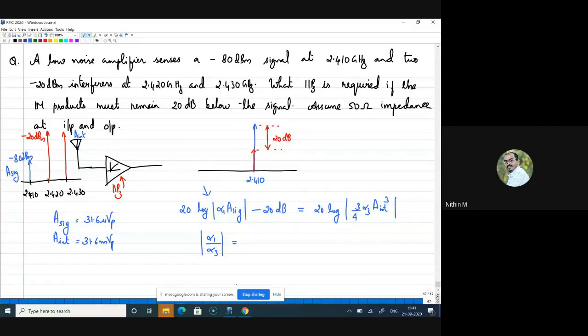Can I get the value? Or after getting that, you can just substitute in this equation, 4 by 3 alpha 1 by alpha 3. If you substitute that, you will get the AIP3 peak value.